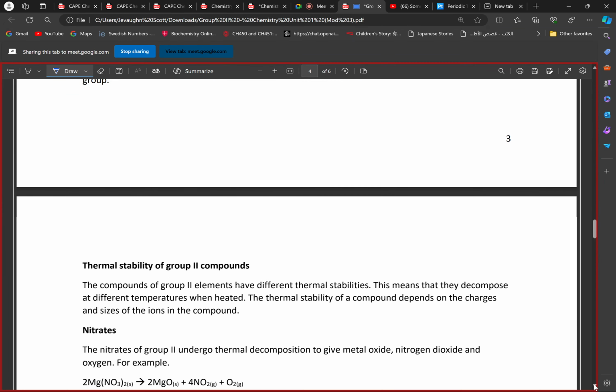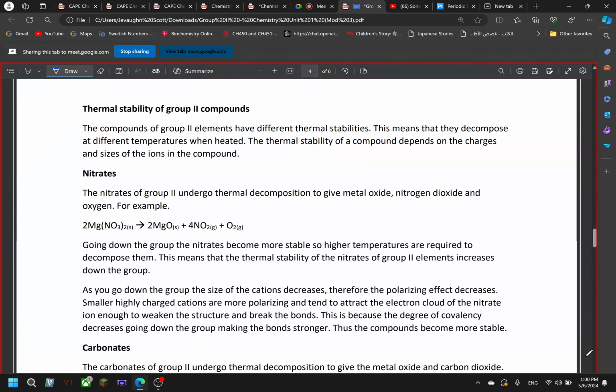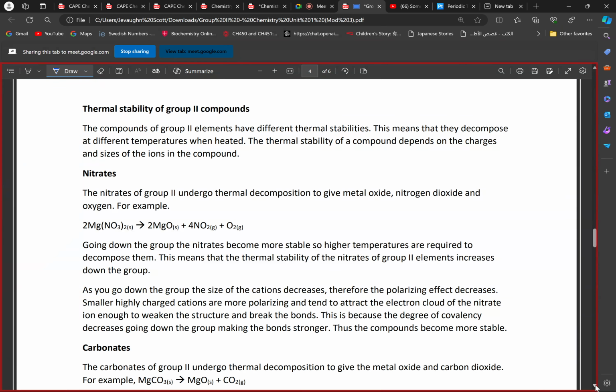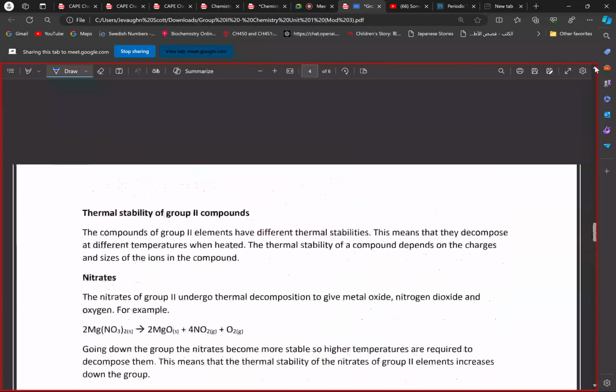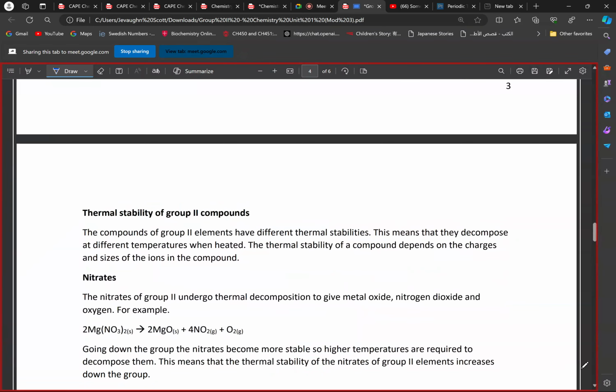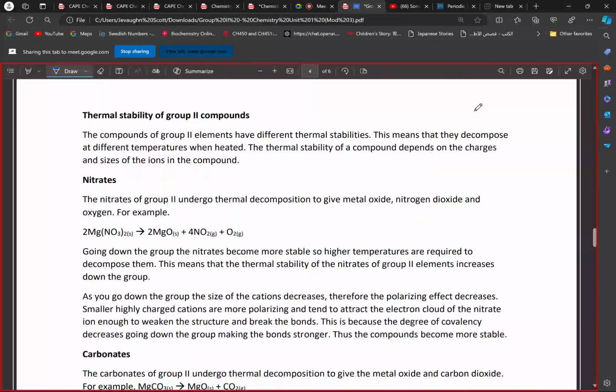I think it's expressed in thermal stability a bit, but it's similar to what was happening up there. Let me see if there's a diagram. So the diagram here will attempt to explain. I'm going to explain polarizability down there. It's something similar to what was happening in our force of attractions, right?